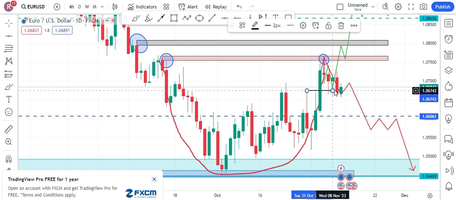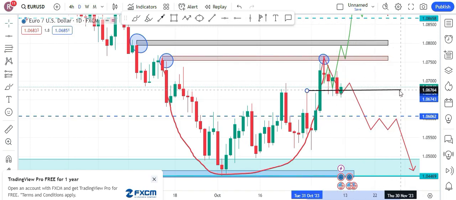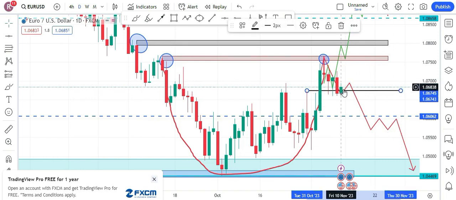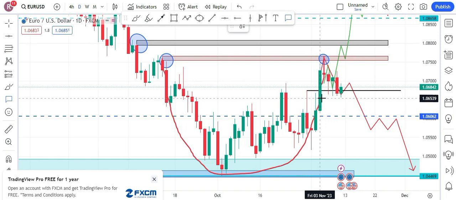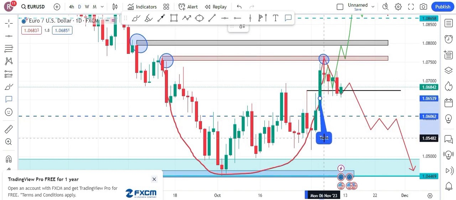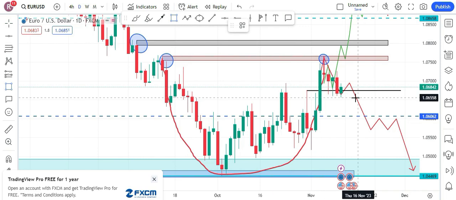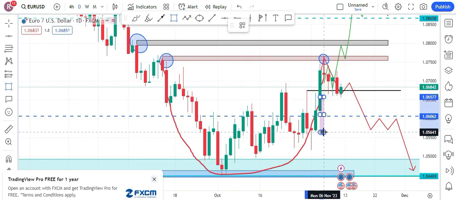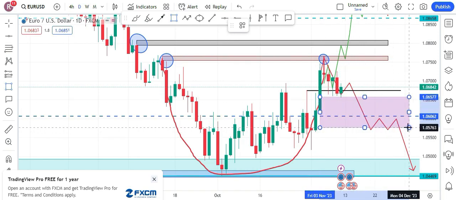I don't know whether this line will be respected next week. I have doubt, though I'm saying we are seeing some price action on the positive side, the traction towards upward. But my way of thinking is this. We have a very big fair value gap left here, this area.